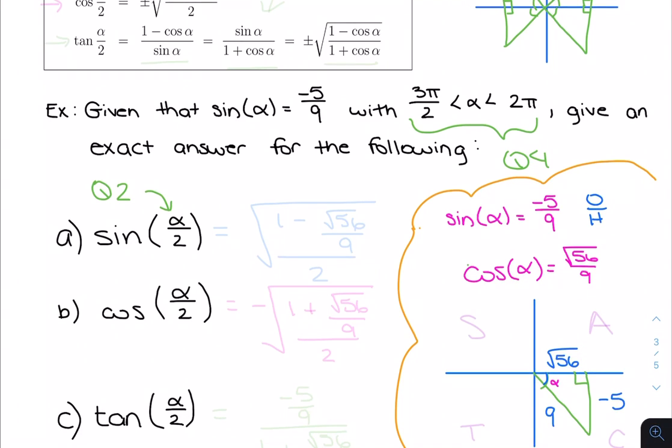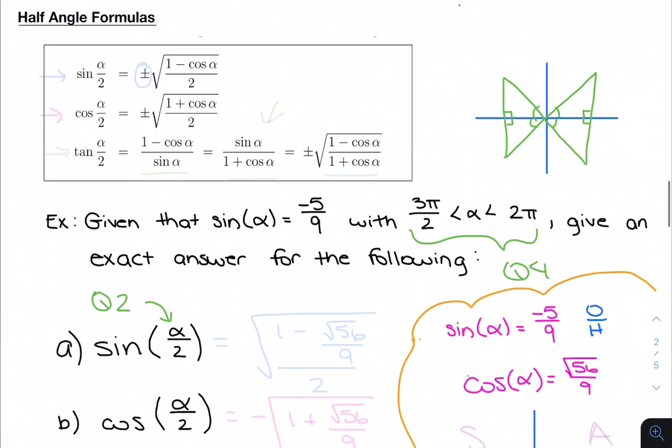And the reason why I looked for cosine was because if you look at all these formulas, they either have sine of alpha or cosine of alpha. So we needed to know that information in order to get the answers that we needed. So let's go ahead and plug everything in. Now that we have our information, by looking at this formula here, sine is just the square root of 1 minus cosine of alpha.